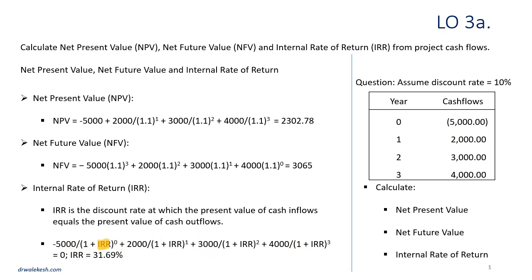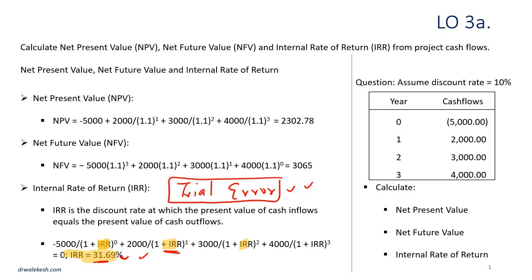So if you solve for R, I expect it to get this. Most of the time, we solve for R if you want to do it manually using trial and error. But that does not matter to us here. What matters to us here is that we can easily use our financial calculator to solve for this.